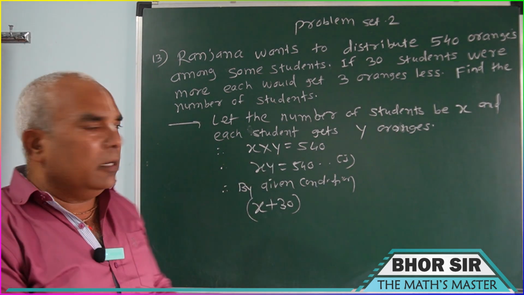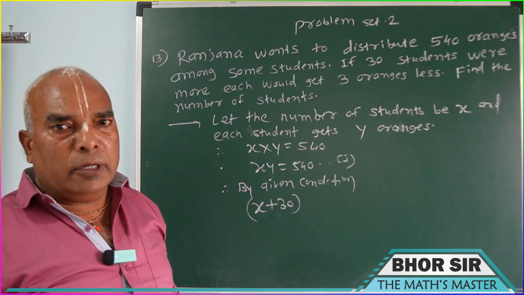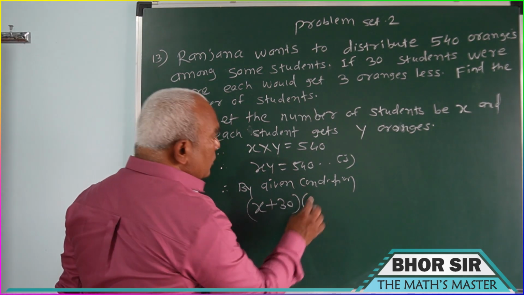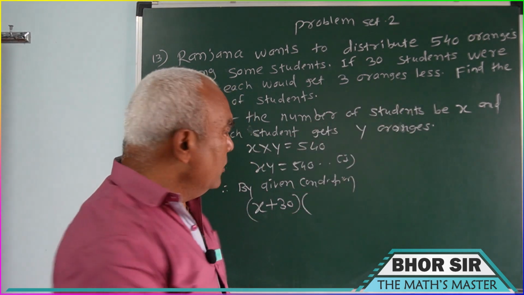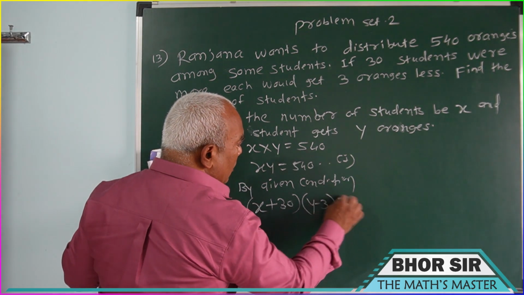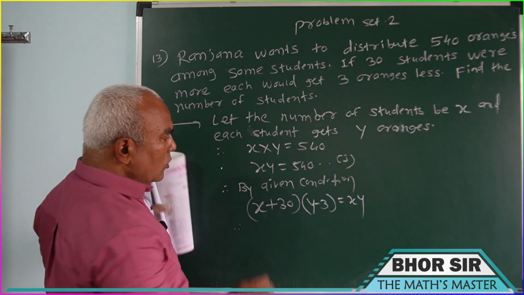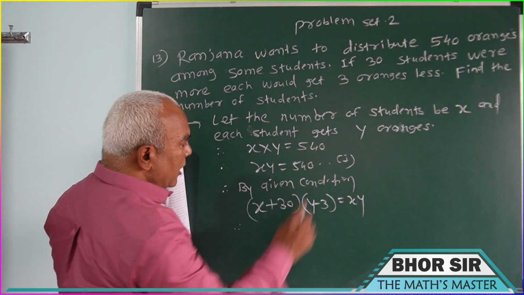But now 30 students increased, so the new number of students is x plus 30. Now each student will get 3 oranges less, that means first getting y oranges, now getting y minus 3 oranges. But the total number is the same, xy, that is 540.